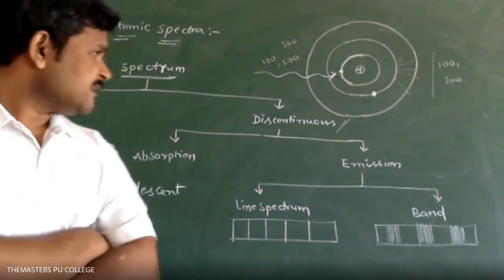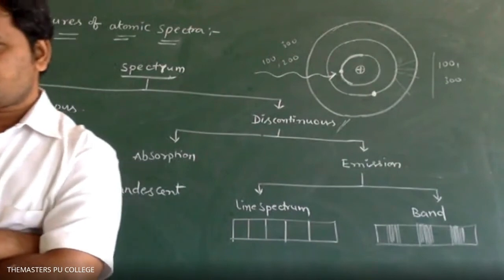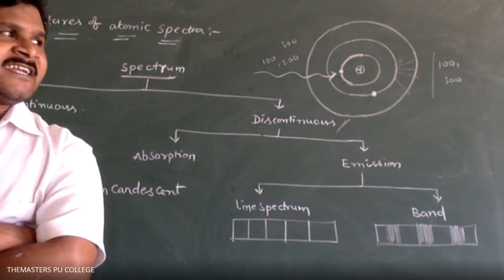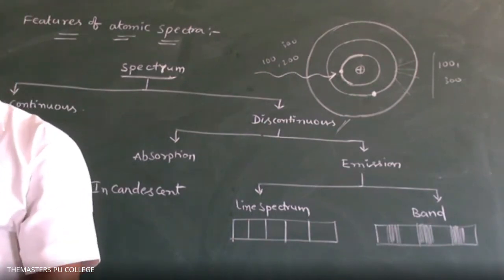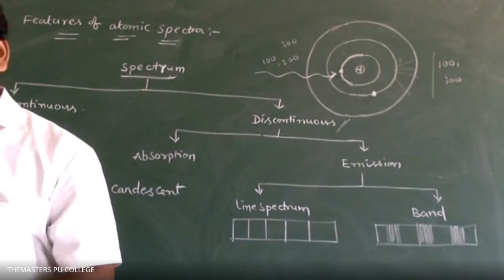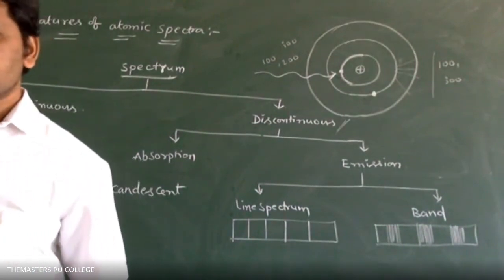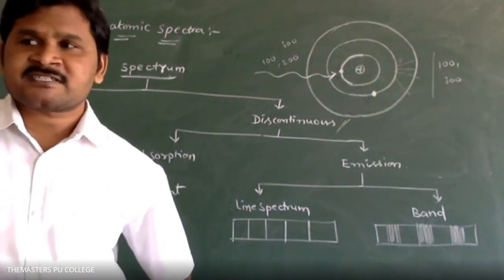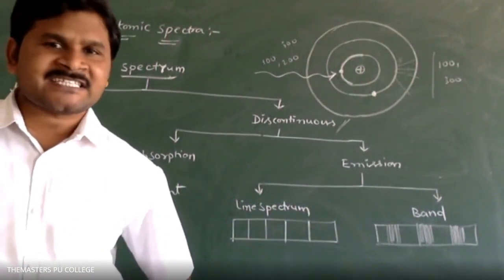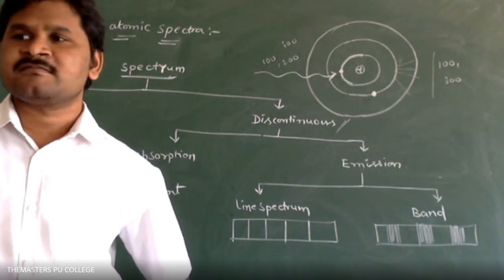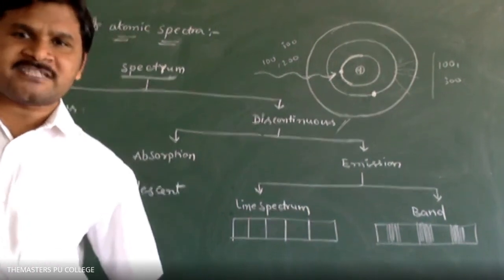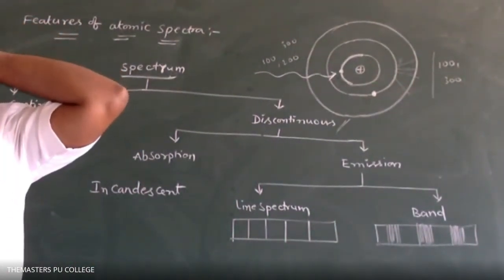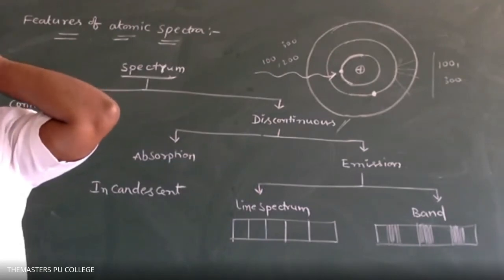Next, emission spectrum. Spectrum produced by emitted radiation. Next, it corresponds to de-excitation of electron from higher level to lower level, the opposite.